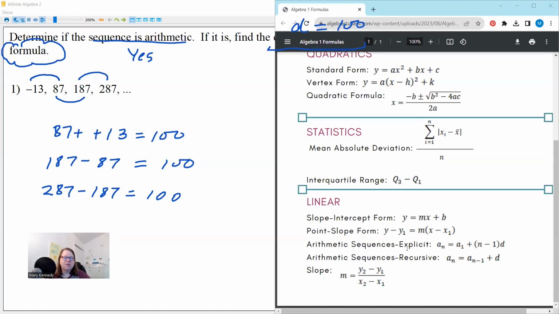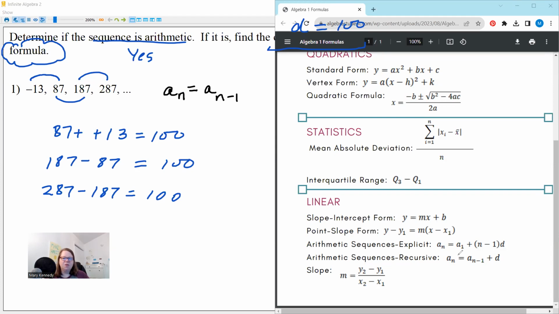Now the directions here ask for explicit. So this is the one that I want to use. So I'm going to go ahead and write it over here. Let's go to a different color. So it says a sub n equals a sub n minus 1.